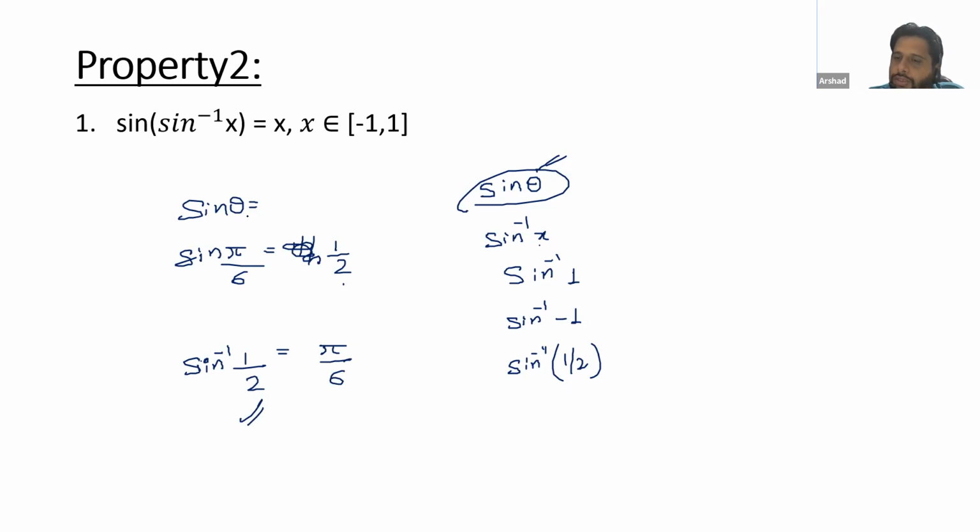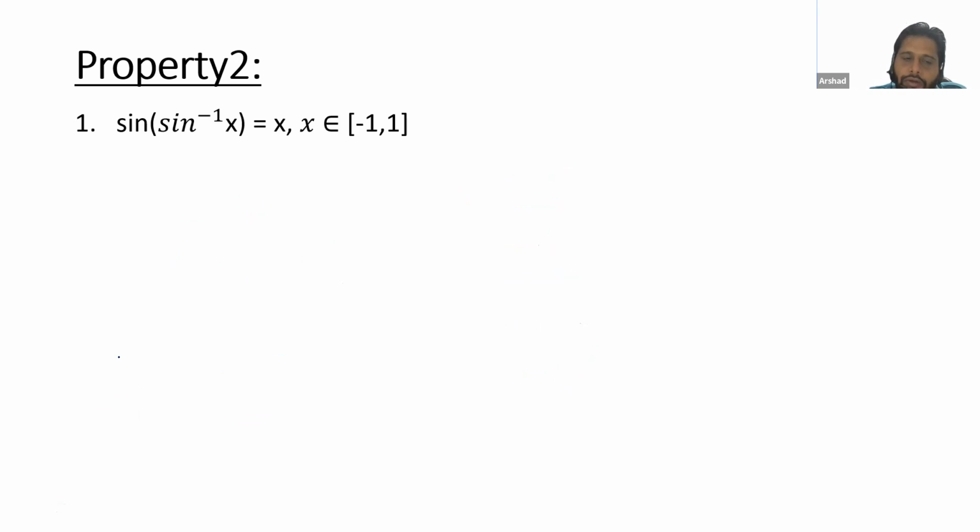Angle you will put in sine theta. I hope this is clear to everyone. Now in these formulas, please check that in place of x, we have to put the values. So you know that for sine inverse, the domain is -1 to 1. Who can tell me for cos inverse, what is the domain? So -1 to 1.